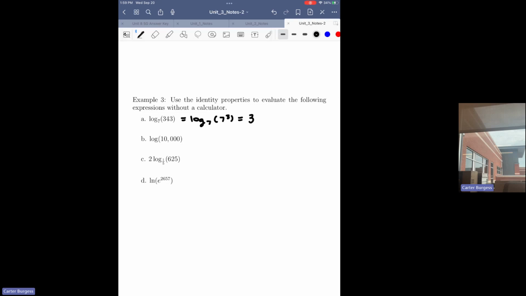Okay, so I think this one would be a lot easier if it were base 5. So let's try it for base 5 first, and then let's see if we can adjust from base 5 to base 1/5, because that adjustment might be easier than working with the 1/5 directly. So how could I write 625 as a power of 5? Well, let's try. 5 squared is going to be 25.